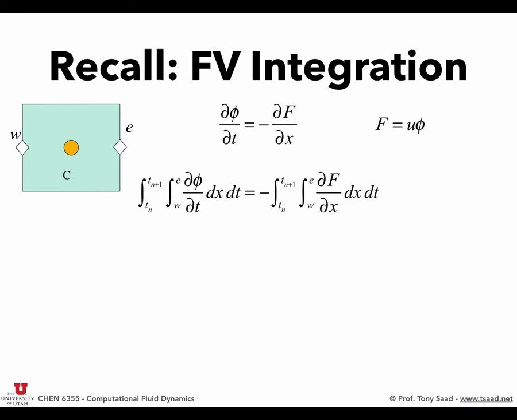Now, the finite volume formalism tells you you're going to integrate over the volume, so the integral from west to east of d phi dt dx, and the integral from west to east of df dx dx, and then you're also going to integrate in time, right? So then you have another integral from tn to tn plus 1 of this whole thing times dt.